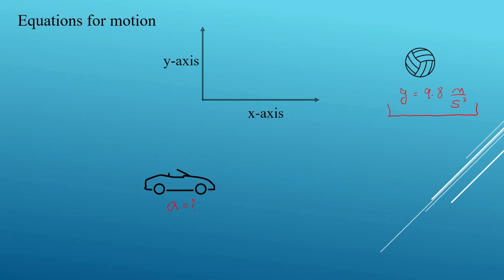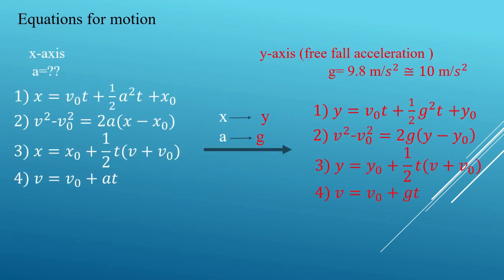Okay, now let's look at the equations of motion in the x and y axis. So in the x-axis, as I said, you don't know what the acceleration is. You might have to find it, or it's given to you.